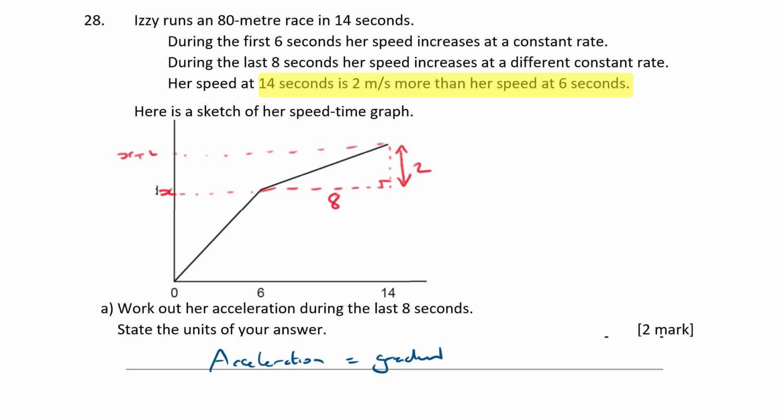So the acceleration is going to be the change in y, 2, divided by the change in x, 8, which is the same thing as a quarter, or 0.25. State the units of your answer. Okay, well, we're using meters per second. So the acceleration is going to be 0.25 meters per second squared, or ms to the minus 2. Okay.